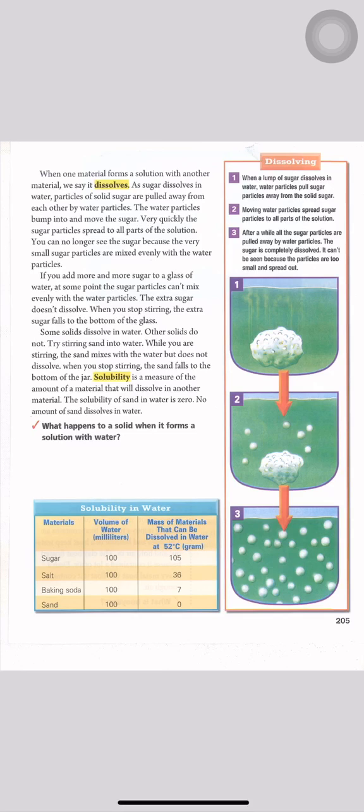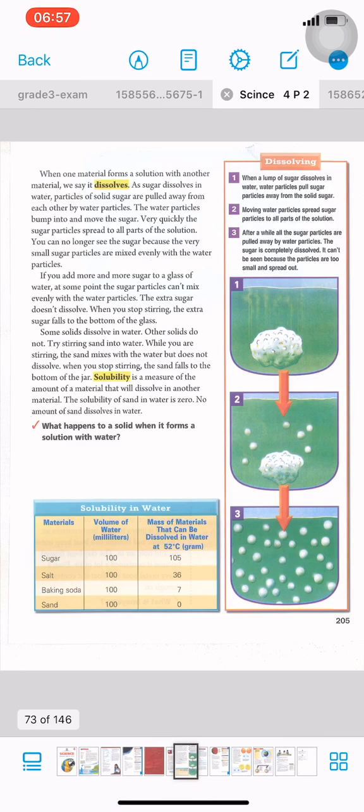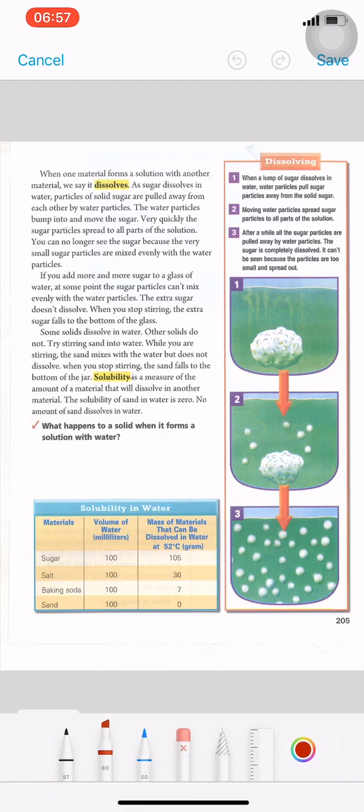It has zero solubility, and solubility is a measure of the amount of material that will dissolve in another material.